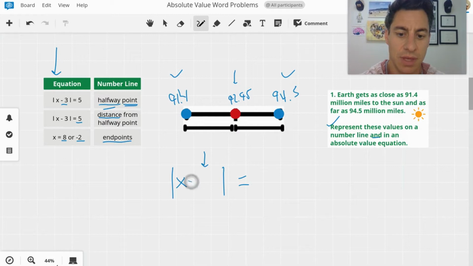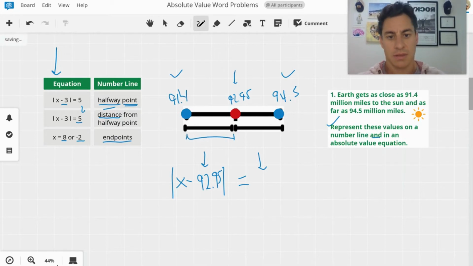92.95. And remember, we do the opposite. So minus 92.95. What goes here? The distance from the halfway point. Well, we didn't figure that out yet. Let's figure out this distance. And that is simply 92.95 minus 91.4.